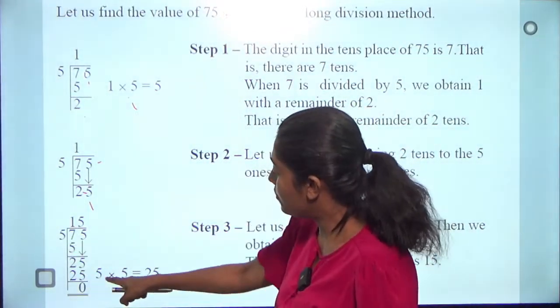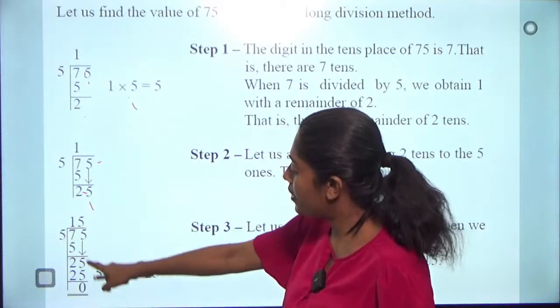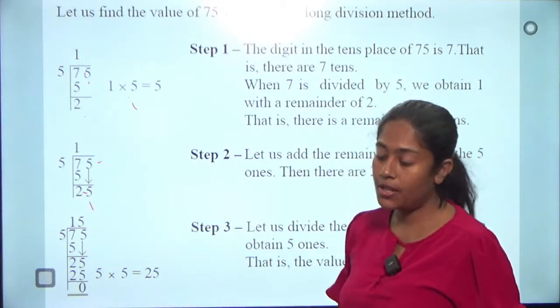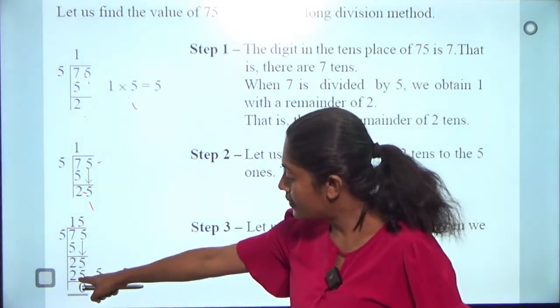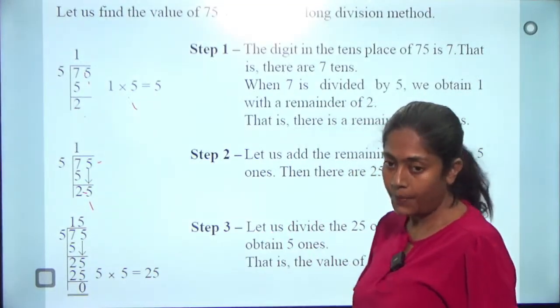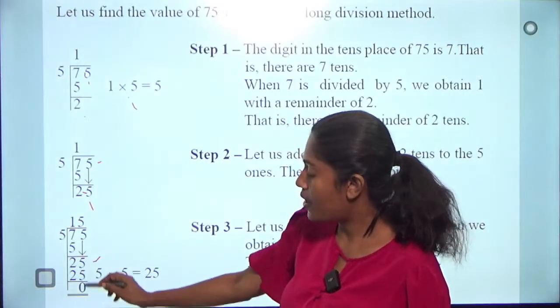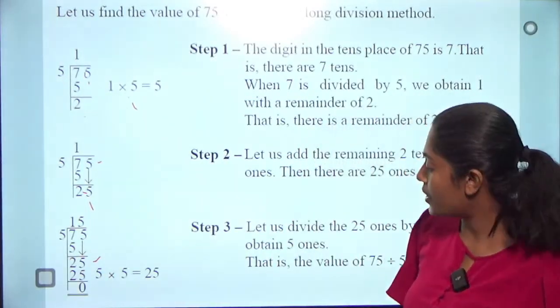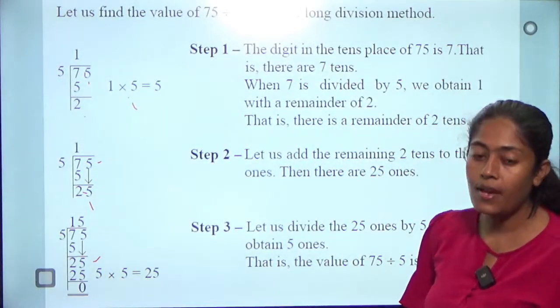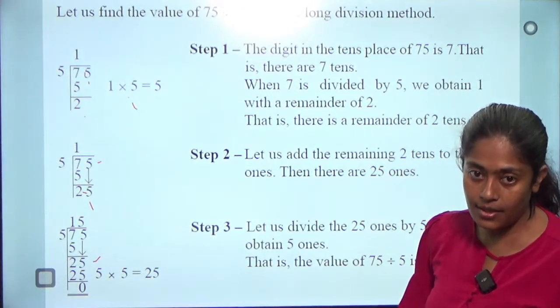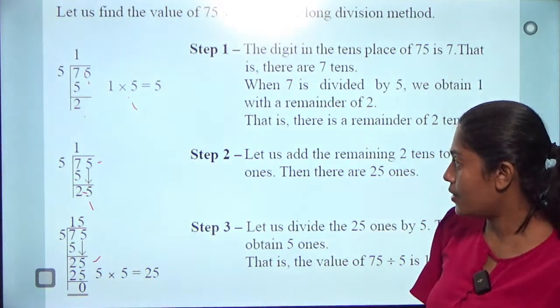Write 25 under the value, then subtract: 25 minus 25, answer is 0. So the remainder is 0.